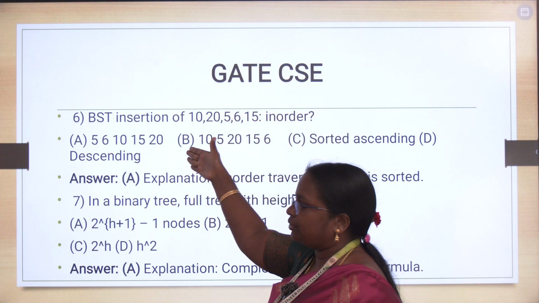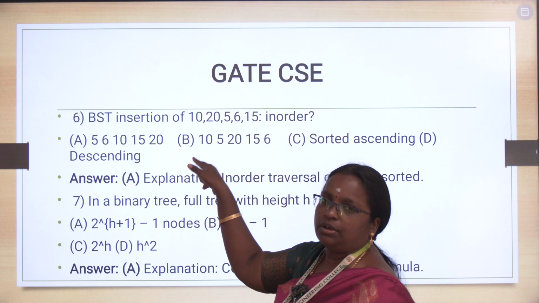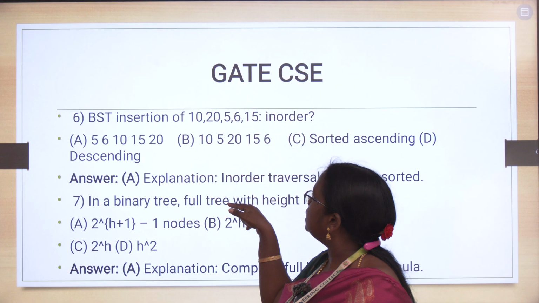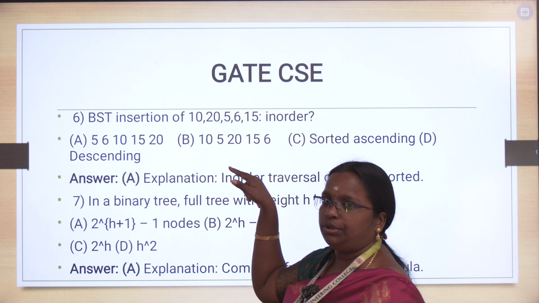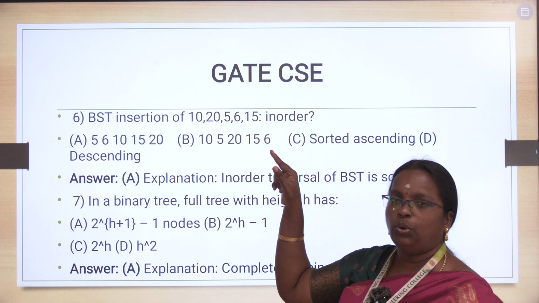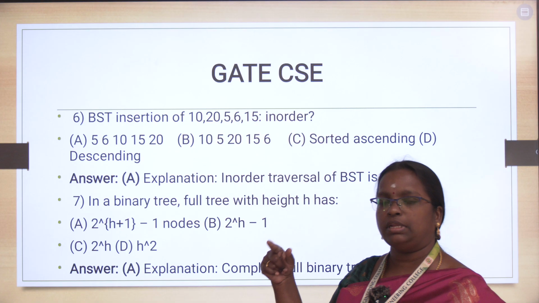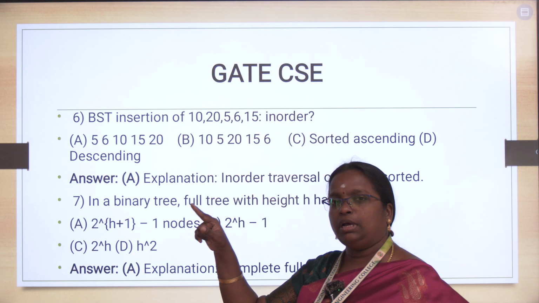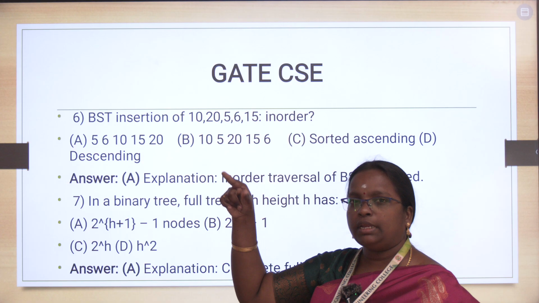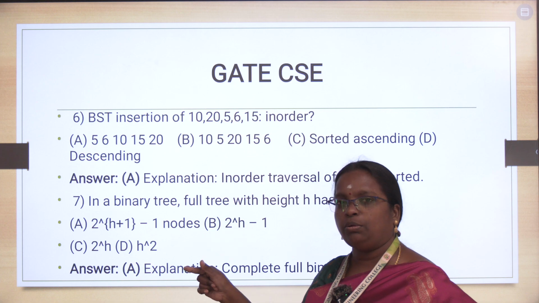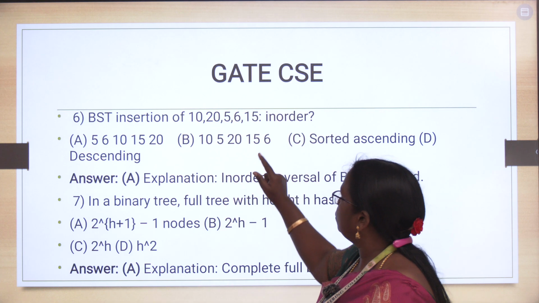You draw the tree: first 10, the right side 20, the left side 5, then 6, and again the right side of 15. In in-order, we take the left node, the root, then the right. Left side has the lesser values, the root node is in the middle, and the right side has the highest values. So the sorting order will definitely come in in-order. So that is the question.